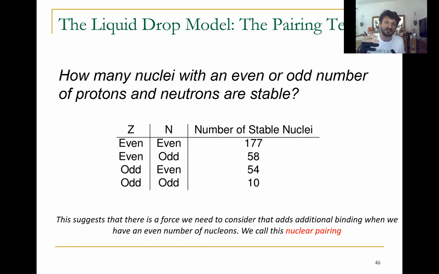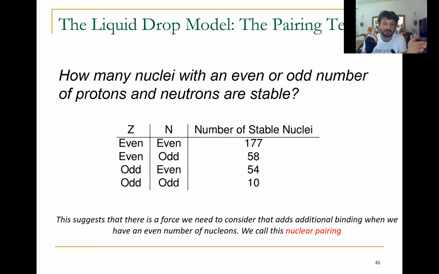It's important to know how many nuclei have an even or odd number of protons and neutrons, because at this point you have to know how many nuclei are stable and how many are not. We found that in the case of even Z, even N, we have the most stable nuclei, about 177.